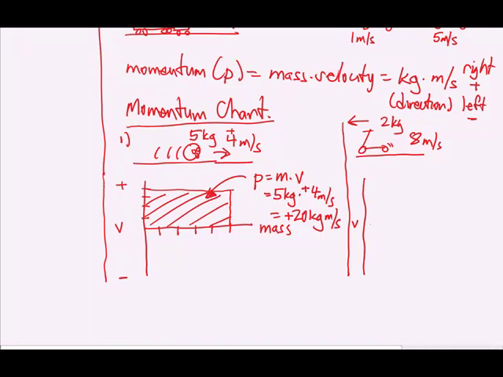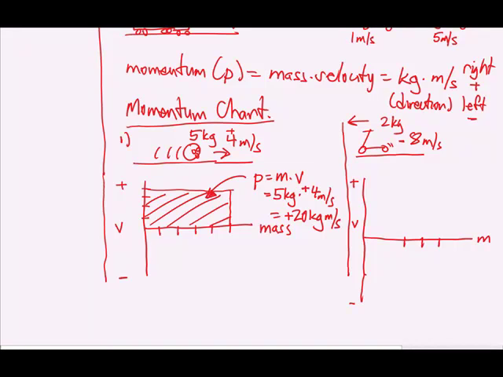Again, I'll put velocity on the vertical axis, positive and negative. I'll run my mass over this way. Now, it's not really important where I start the mass. It doesn't have to start here, as long as I end up having a rectangle of a certain width. In this case, my rectangle is going to be 2 kilograms wide. So 1, 2, and then I want to make it 8 meters high.